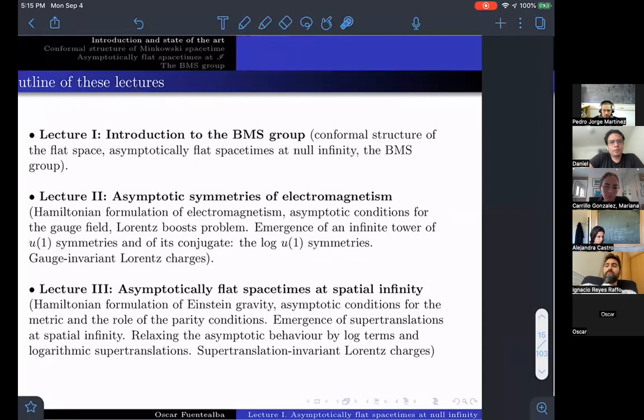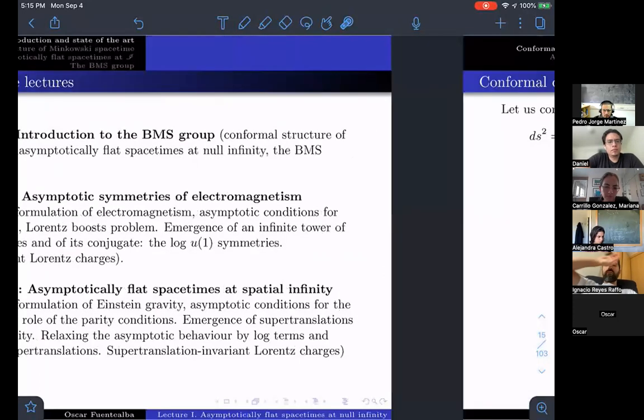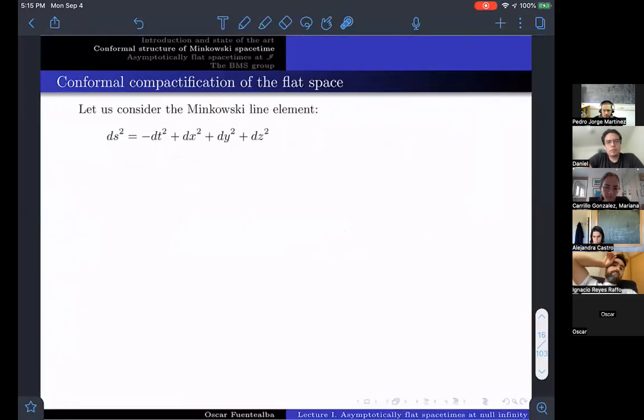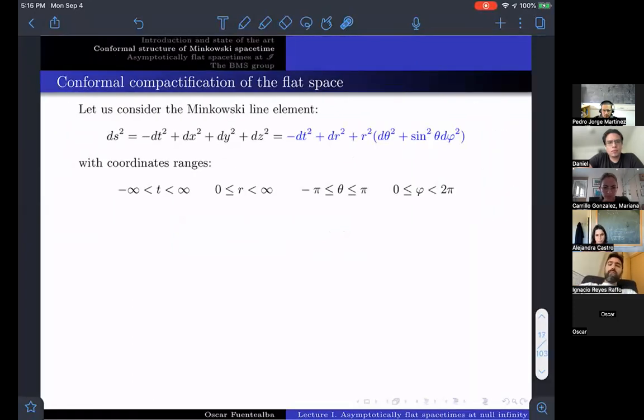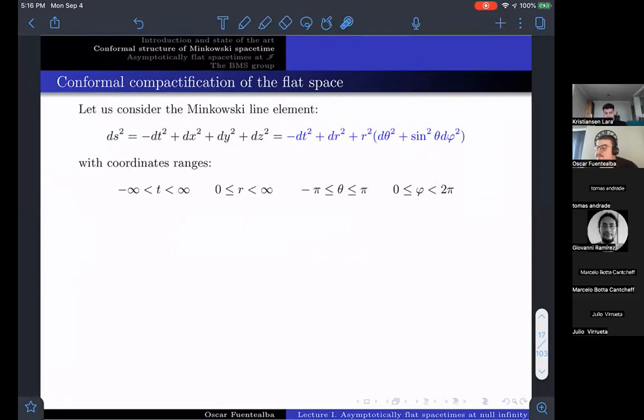Okay, so let's start with the Minkowski line element in Cartesian coordinates, which is very well known. And we know that we can write it in spherical coordinates in this way. Here it's important to keep in mind the range of the coordinates, because this is going to be very important in order to draw the Penrose diagram.